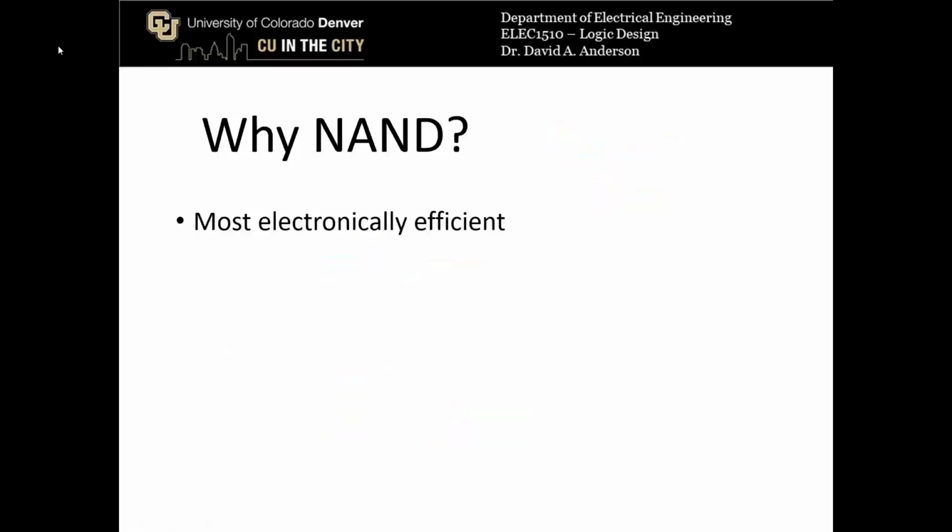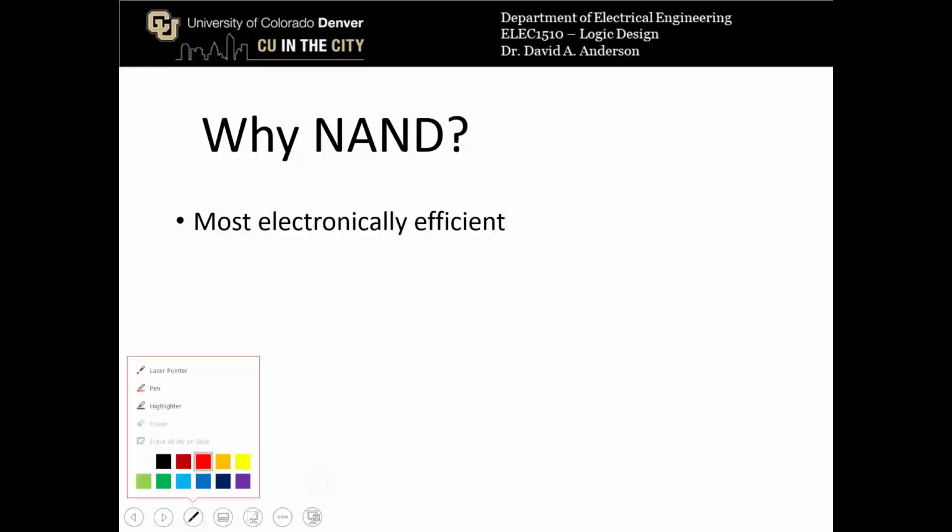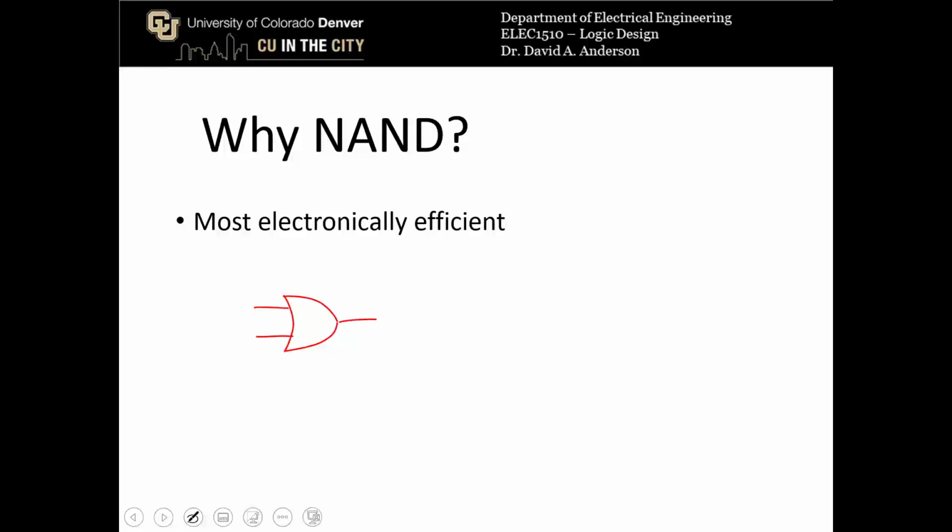So why do we want to use NAND circuits? Well, basically all real logic circuits on integrated chips are actually designed using NAND gates in general, because NAND gates are the most electronically efficient way of designing circuits. An OR gate, like this, is a nice little logic symbol, but it's actually pretty difficult to build electronically.